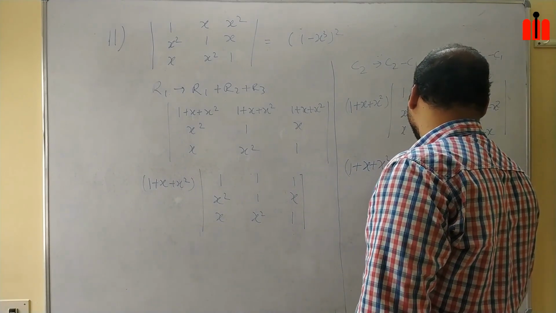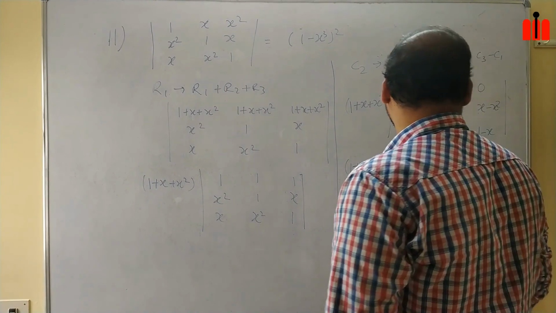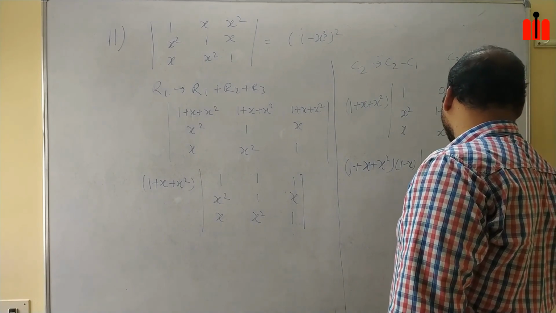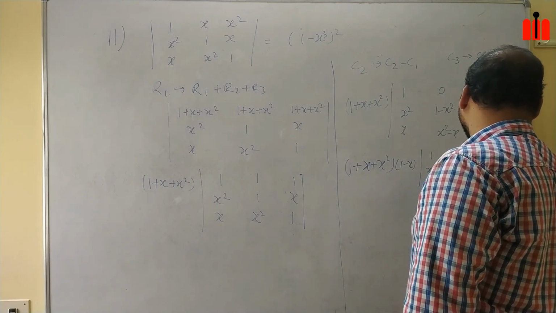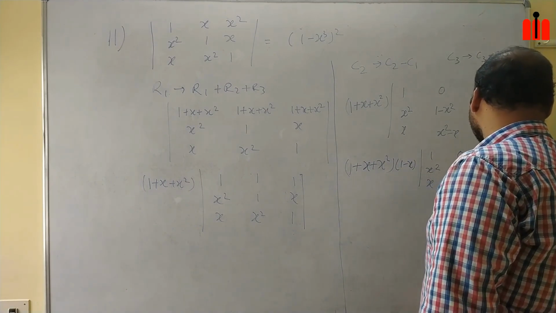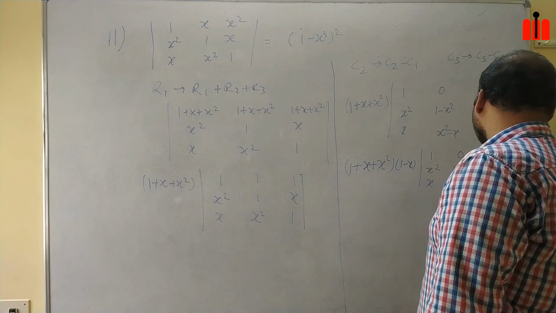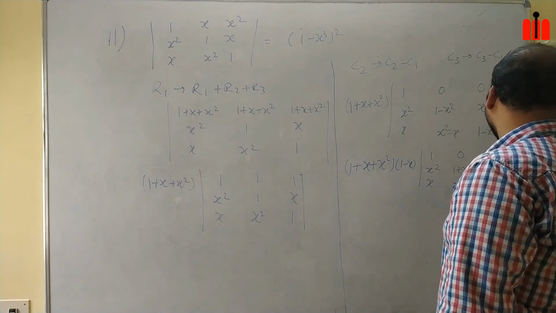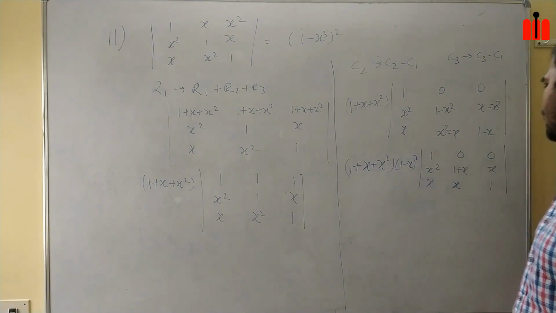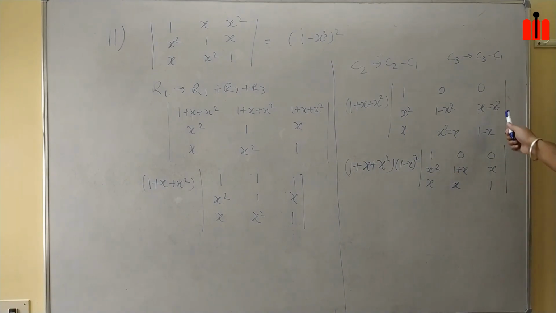So you will get 1 minus x, and here it is 1 0 0, x square, 1 plus x, x, and here it is x, and here it is 1. So you are taking 1 minus x common from R2 and 1 minus x common from R3. So it will be (1 minus x) square.